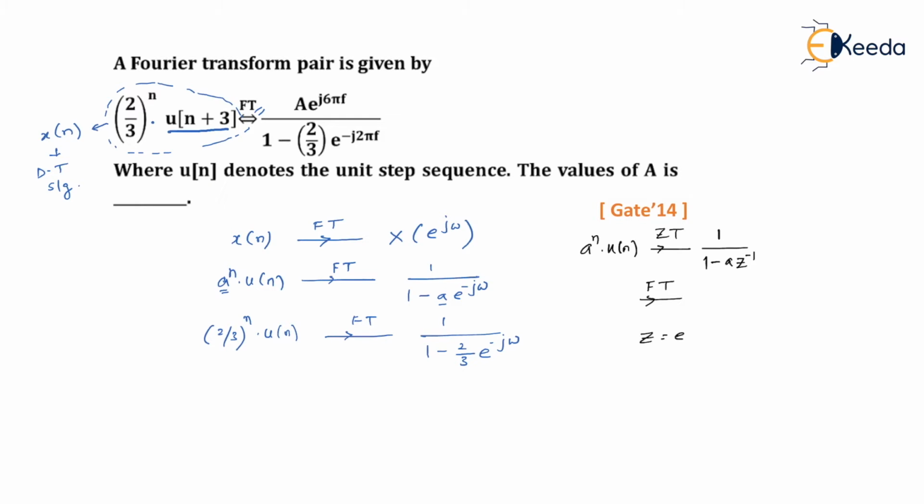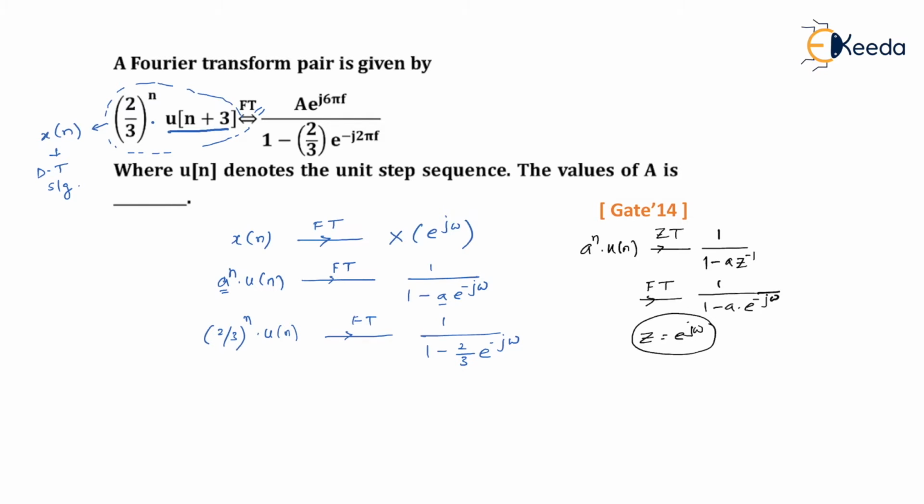So replacing Z with e to the power j omega, as in the procedure we have seen, we get X of e to the power j omega, that is DTFT, from Z transform. So it becomes 1 upon 1 minus a e to the power minus j omega. The reason why it is minus j omega is because we had Z inverse and not Z there, right? So this is how we get the discrete time Fourier transform for (2/3)^n u of n.